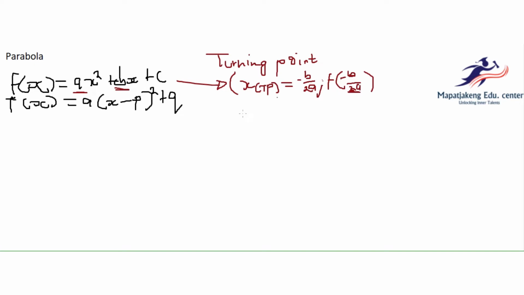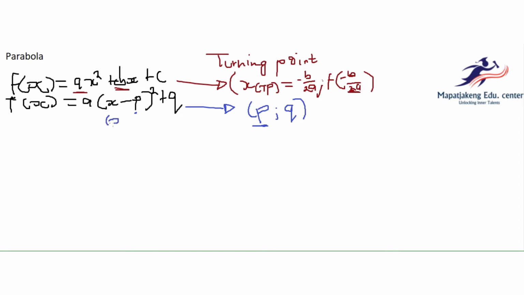And then for the bottom one, when you're looking for the turning point, your p will be the x value of the turning point, and your q will be the y value of the turning point. And the catch here is to remember the p. Remember, the formula has a minus, so you take p with the opposite sign.